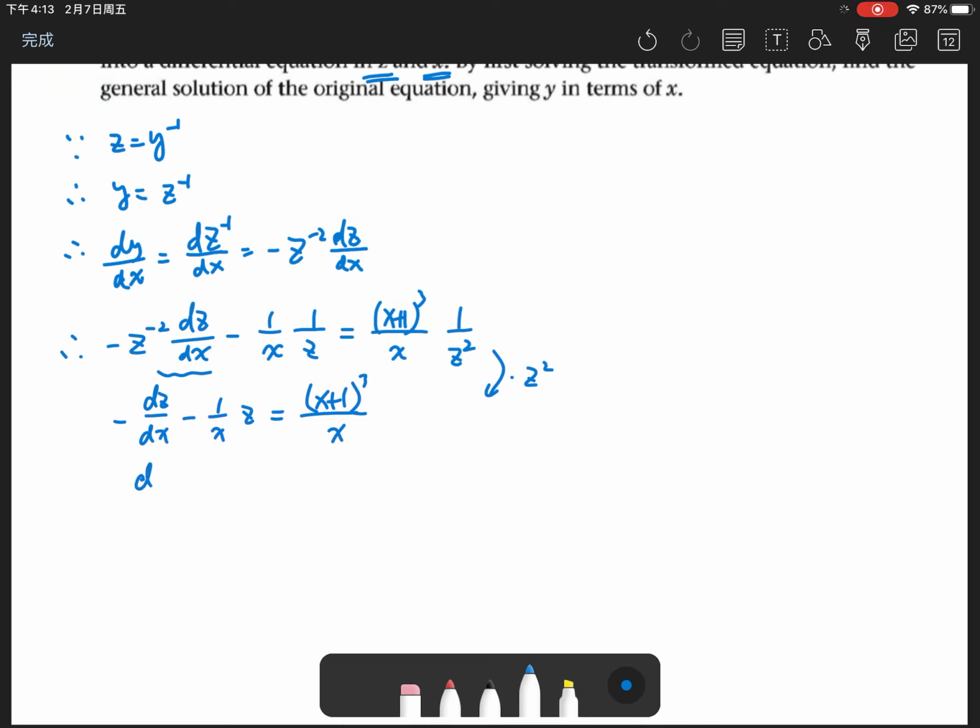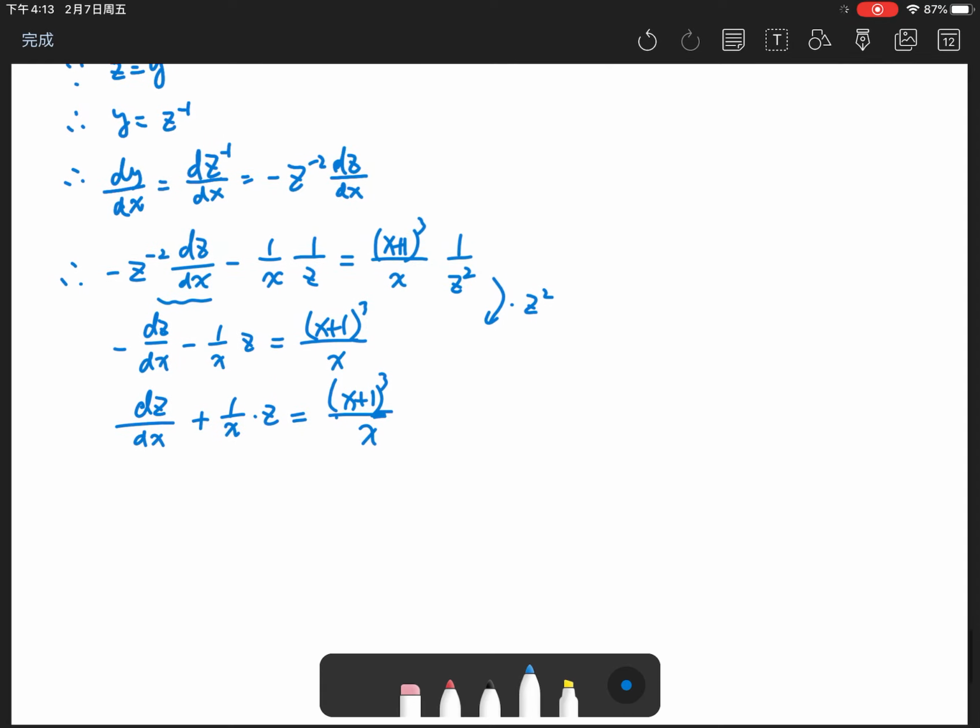Here the coefficient becomes 1, and again we multiply negative 1 on both sides, so it becomes dz by dx plus 1 over x times z equals x plus 1 to the power of 3 over x.